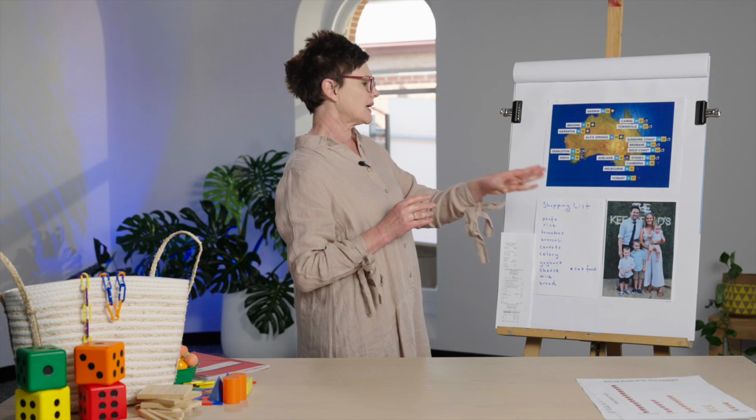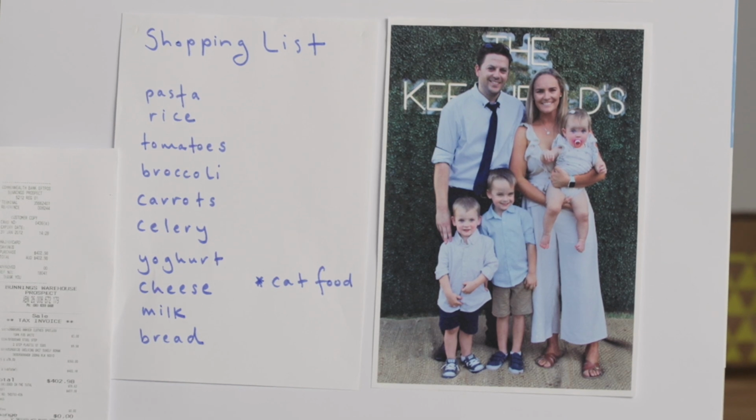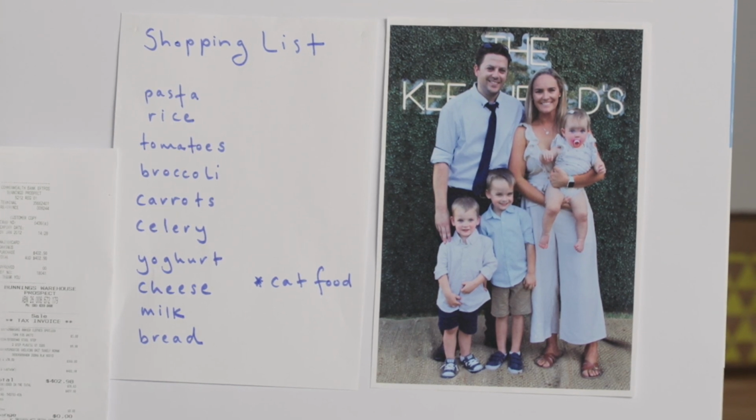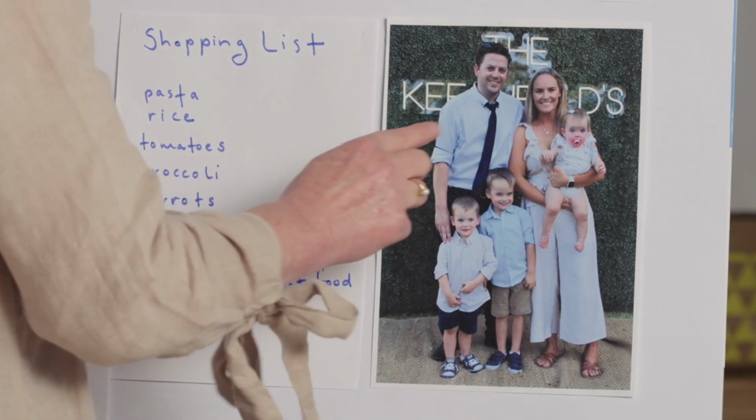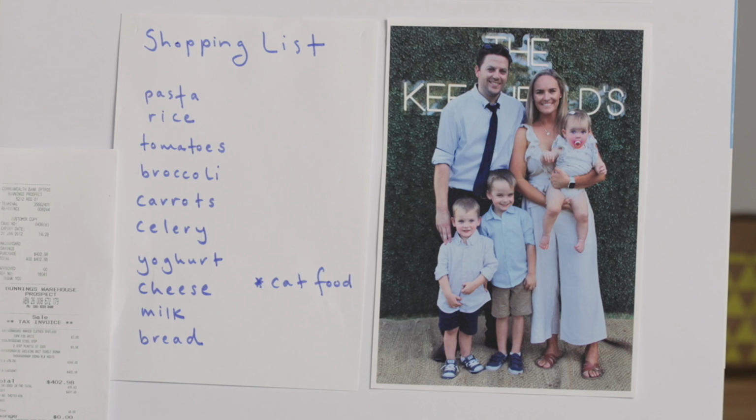Now, have you been looking at this picture? Have you been thinking, that's a photo, it's not a data set? Well, it's actually giving us a lot of information, isn't it? This photo, I can see that we have a father and a mother.